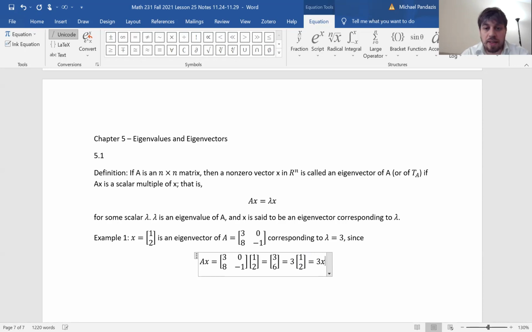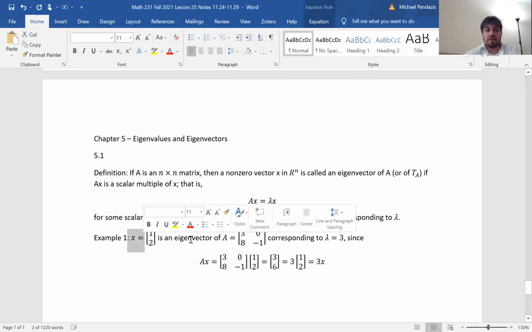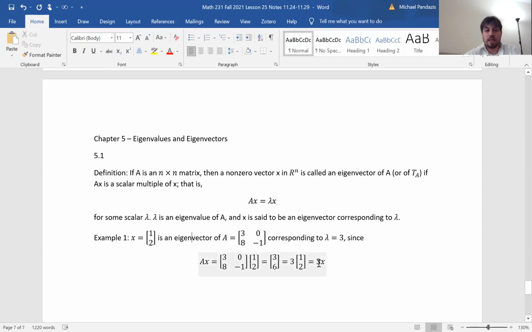So AX is equal to 3X. That means this vector X is an eigenvector of A corresponding to lambda equals 3.